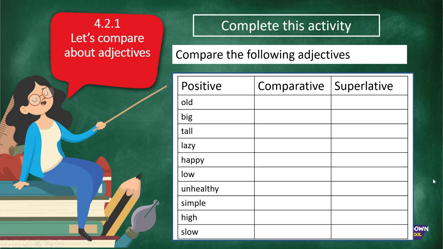How's our time doing? Okay, so let's see if you can quickly get the comparative and superlative of these words. This exercise is worth 20 marks.